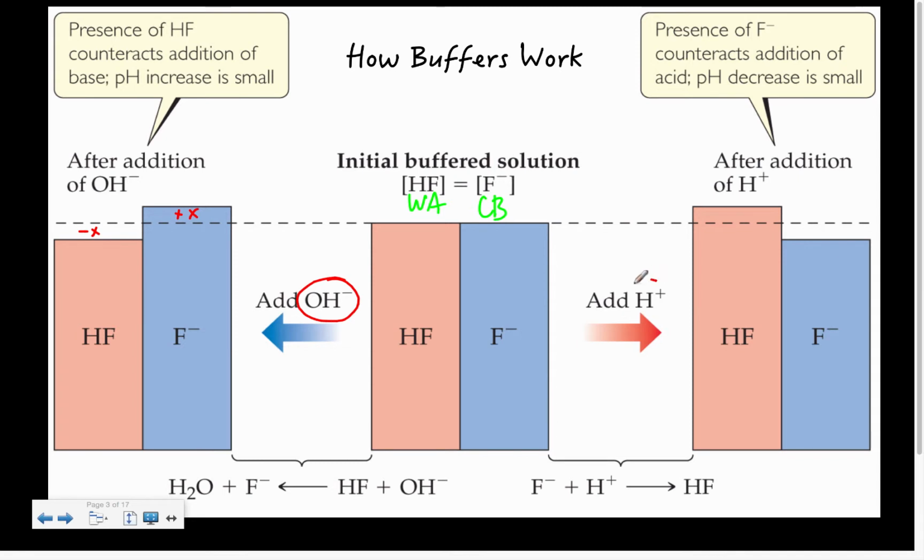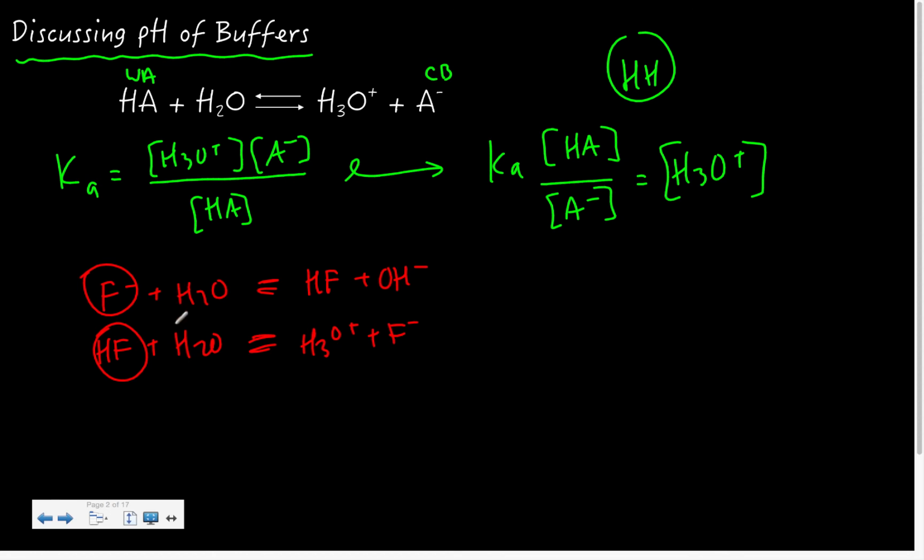If we come over here and add strong acid, we are going to neutralize some of this base, so we're going to lose some of that and produce some of that. So if I consume some of my HF, I'm going to produce F minus. If I consume some of my F minus, I'm going to produce HF. Does that make sense? Those are just the chemical reactions.